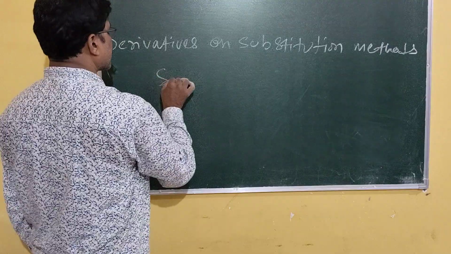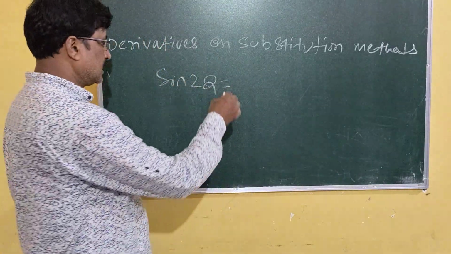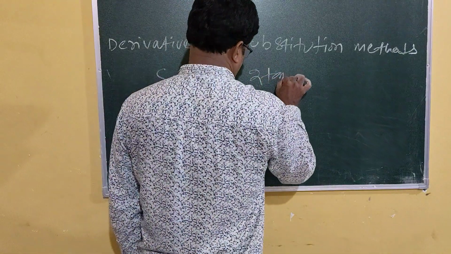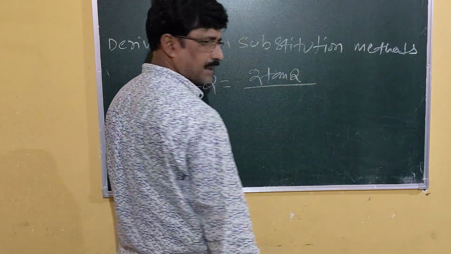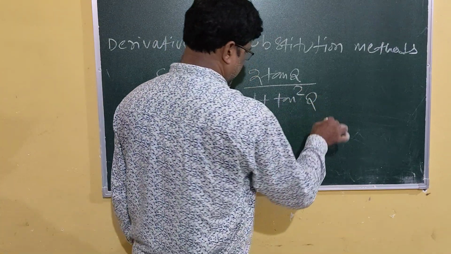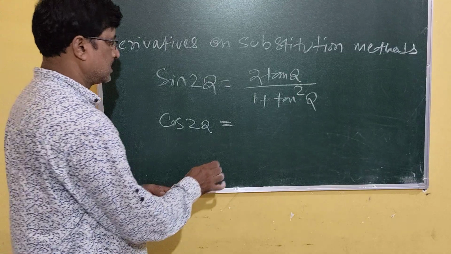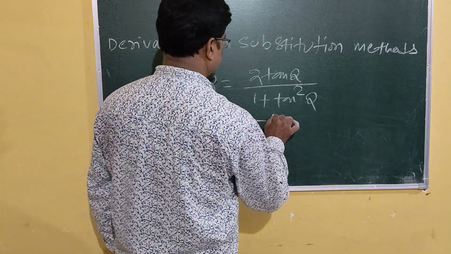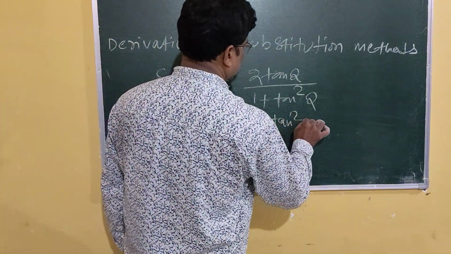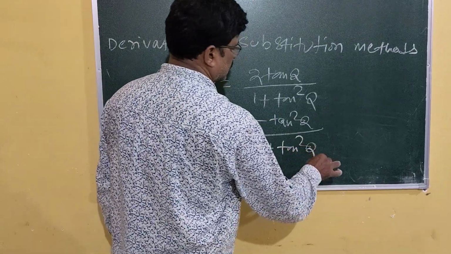That means sine 2 theta is equal to 2 tan theta by 1 plus tan square theta. Cos 2 theta is equal to 1 minus tan square theta by 1 plus tan square theta.